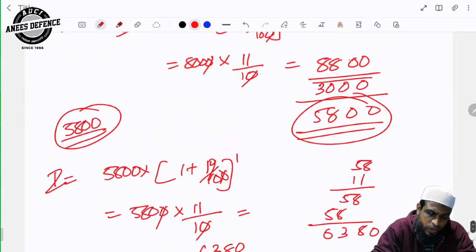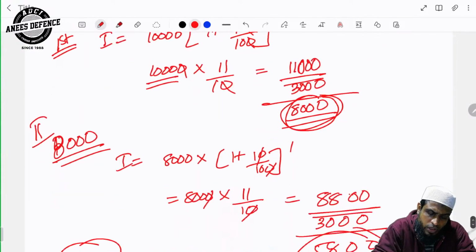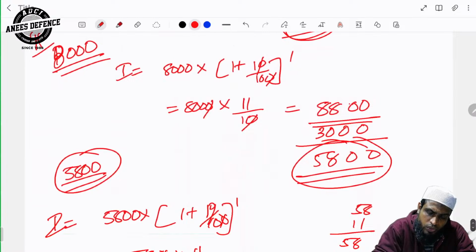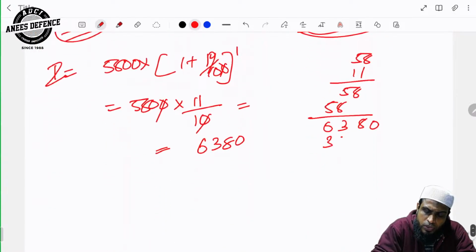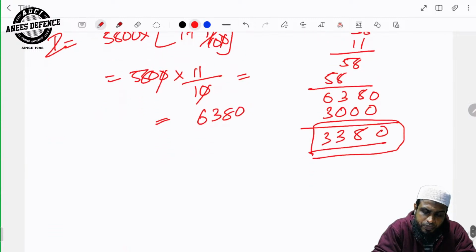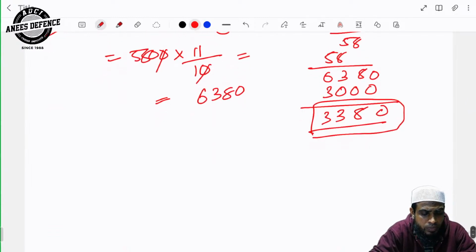So first year ending, his amount is 8,000. Second year ending, his amount is 5,800. In the third year's ending, if he pays 3,000, then 3,380. So in this way also you can calculate the question.